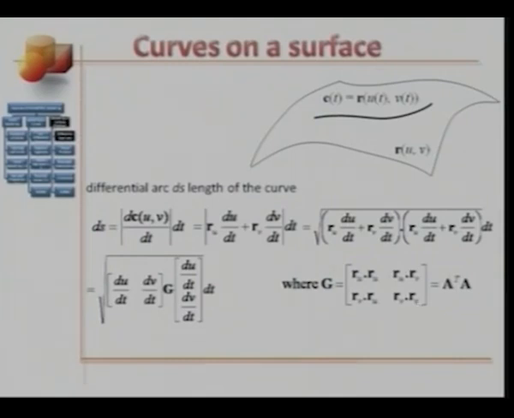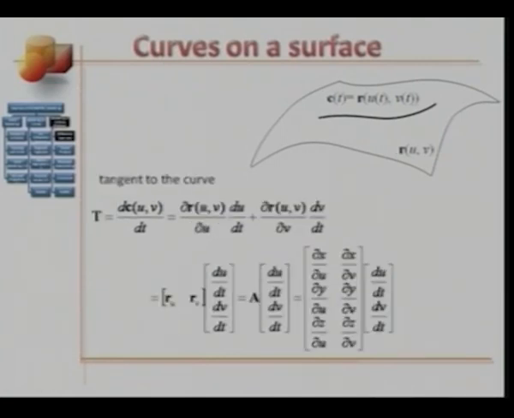Recall from our previous discussion what A was. In terms of A, G can be written as A transpose A. Let me take you to where we describe A. So this matrix A is the components of Ru arranged in the first column and the components of R sub V arranged in the second column.